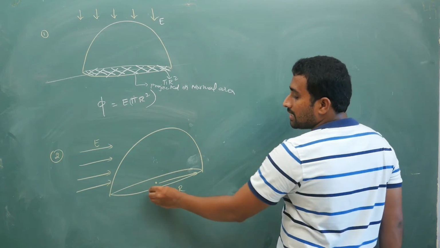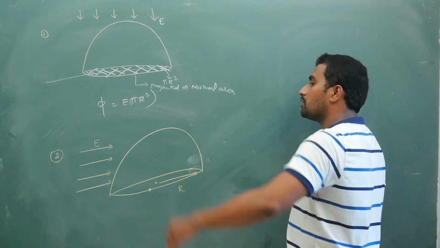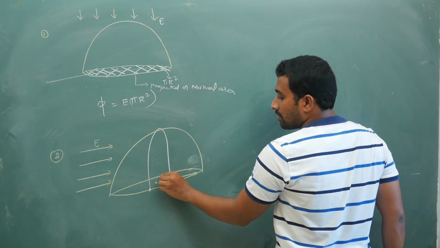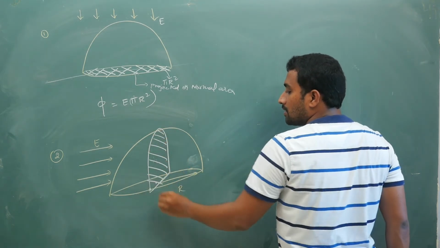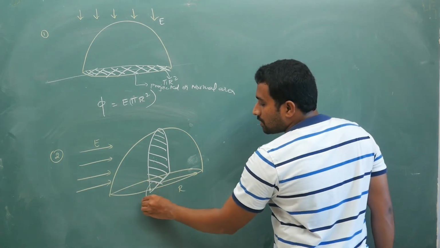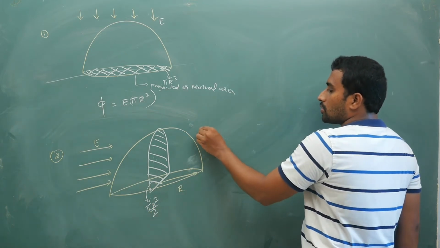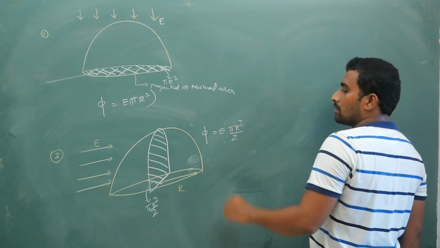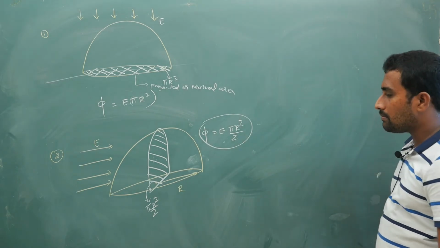Think logically: if you have a fruit or lemon of this shape and cut it like this, juice comes out across which area? You will get a semicircular peel like this, and juice comes out of only that semicircular region. So your projected area is half of the circle, pi r square by 2. So your flux is E times pi r square by 2. Right? So this is your basic idea.